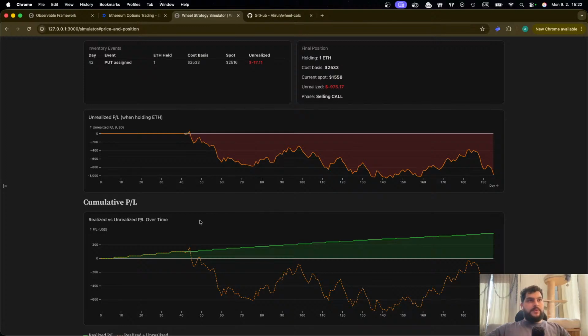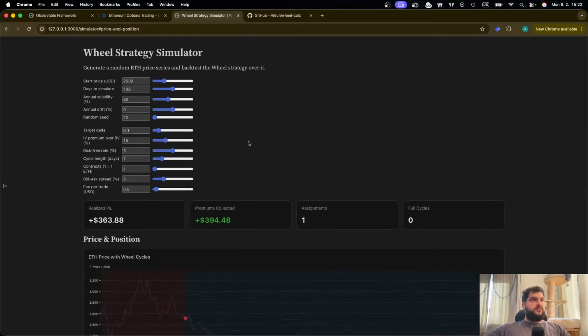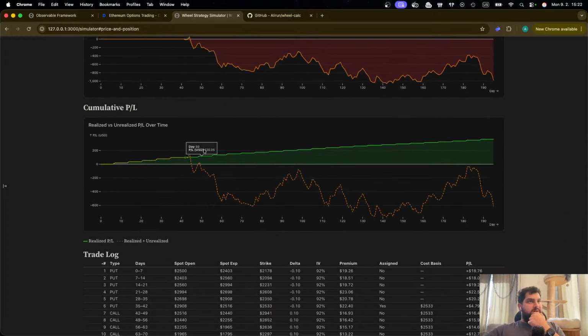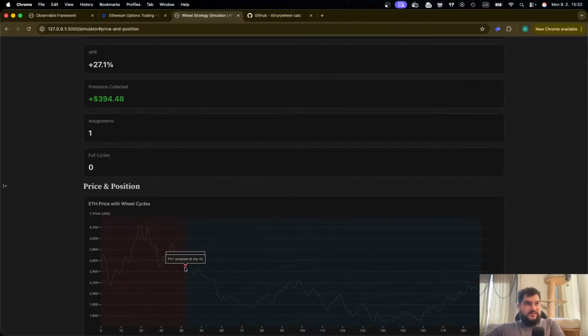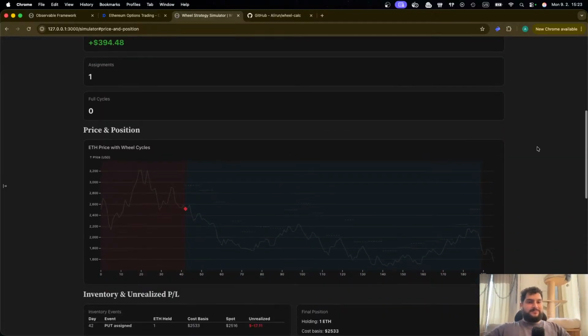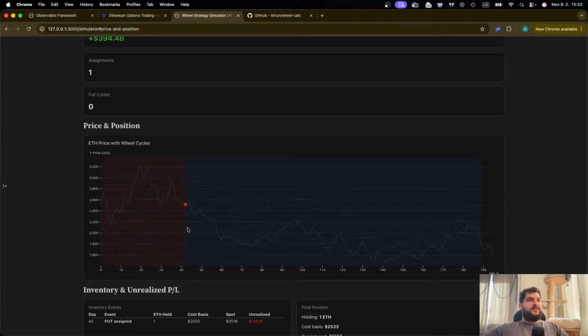So that's the problem, but also the good part of it. As you can see now with the smaller delta, we were only assigned once, which is a cool thing.